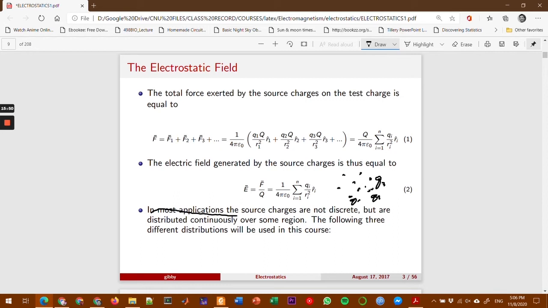Na 5 ka electron, 5 ka charges. Distributed siya over a solid. Continuous siya. Could be a rock, could be a cloud of electrons. So, dili siya discrete. It's actually continuous. It could be distributed over a line, could be distributed over a volume or a surface. So, that's why we have 3 cases here.